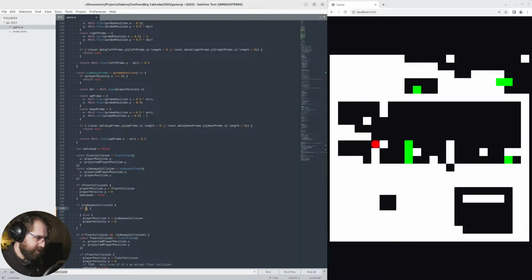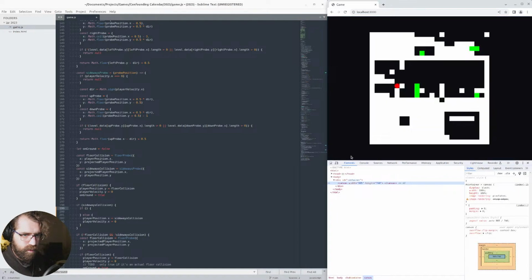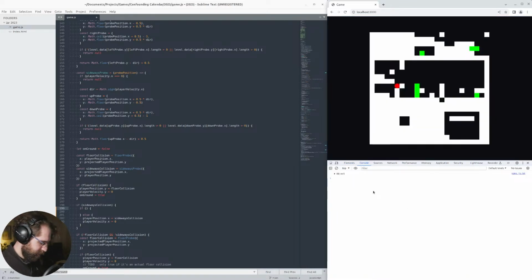So basically what I want to say is if the player's position is close to the middle, so basically it's close to a 0.5, if you do like 6.54 modulo 1, you do get 0.54.